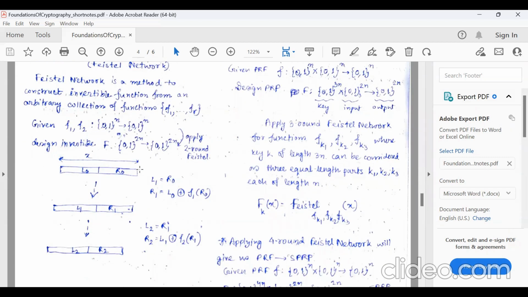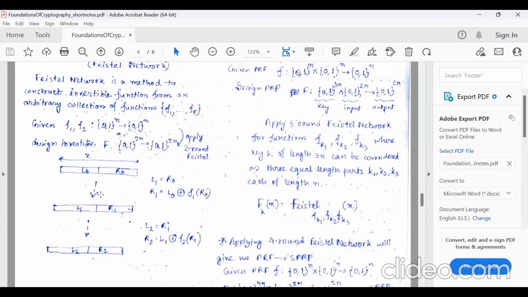Let's denote the input as two halves. Your input length is 2n, so you divide it into two halves, the first half denoted as L0 and the second half denoted as R0. Your Feistel network will consist of 2 rounds here because of these two functions.